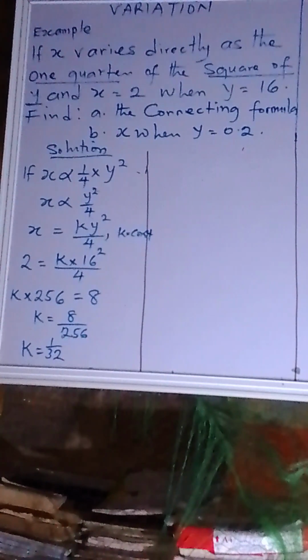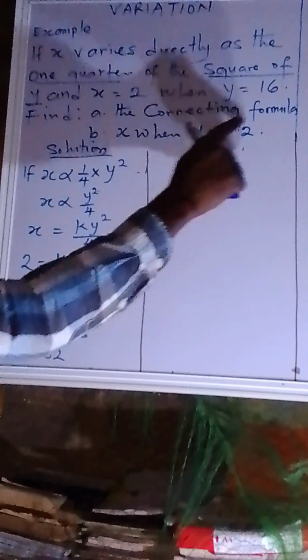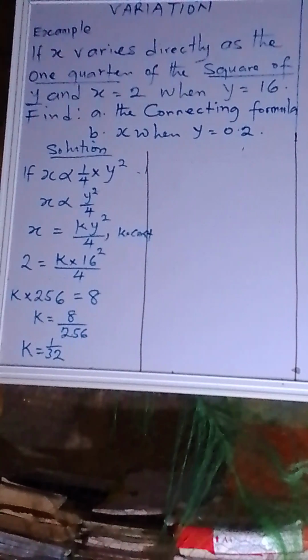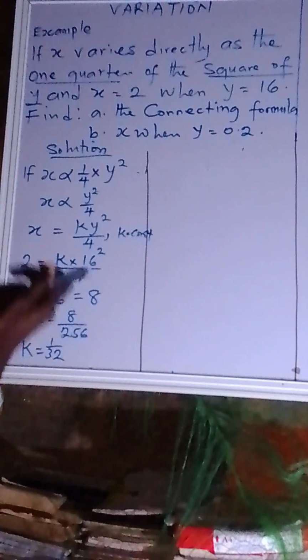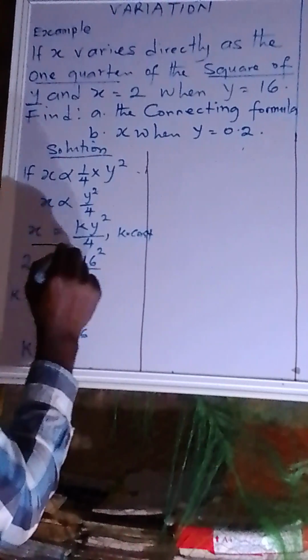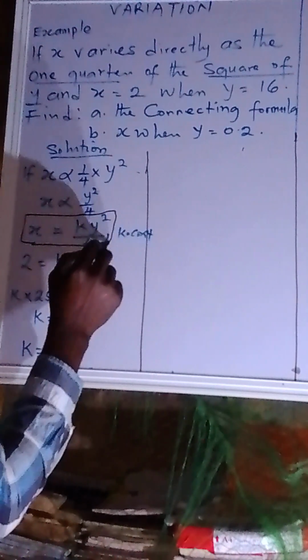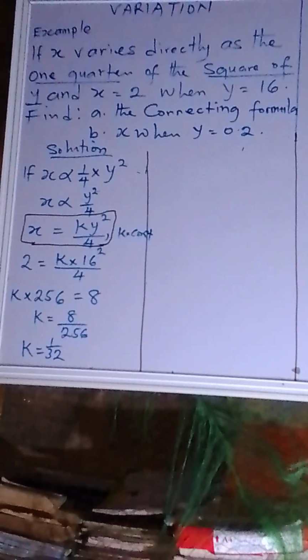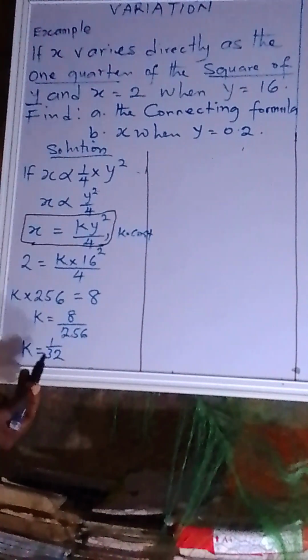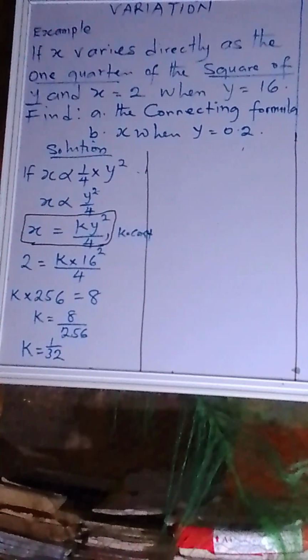So after getting your constant, then you can now get the connecting formula. What is the connecting formula? It is what we have here. This is what we are writing out. The only thing that will be changing there is your k. So the k you got here, you just insert it.